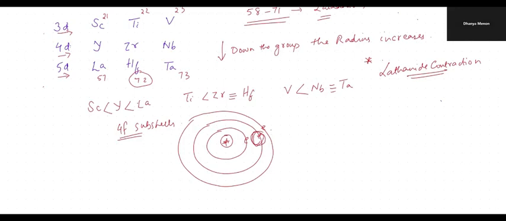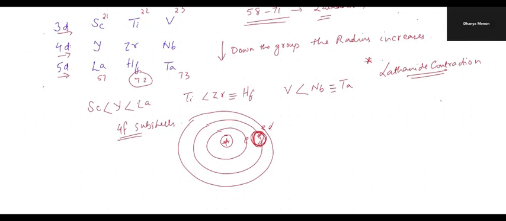It's like a shield. If there is shielding, the outer electron will not get the positive effect of the nucleus. If the shielding is more, the outer electrons will not feel the attraction of the nucleus, so the size will not reduce.